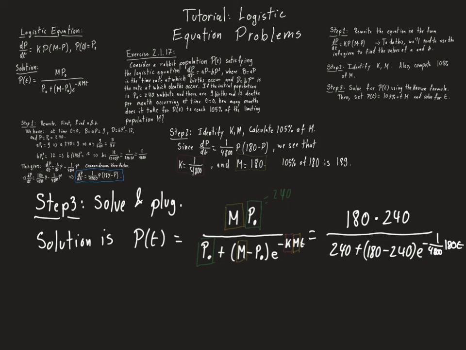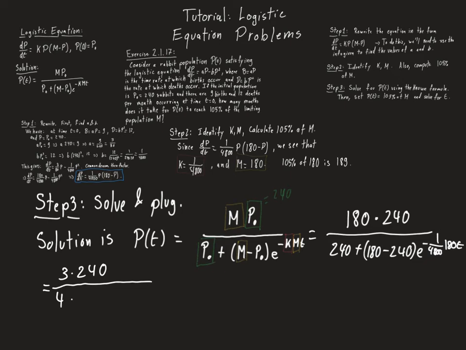All right, I'm going to simplify this a little bit before proceeding any further. You'll note that 180 minus 240 is going to be equal to negative 60. And we can actually cancel out a 60 out of the numerator and the denominator. So simplifying this gives us 180 is 3 times 60, so that's 3 times 240, divided by 240 is 4 times 60.